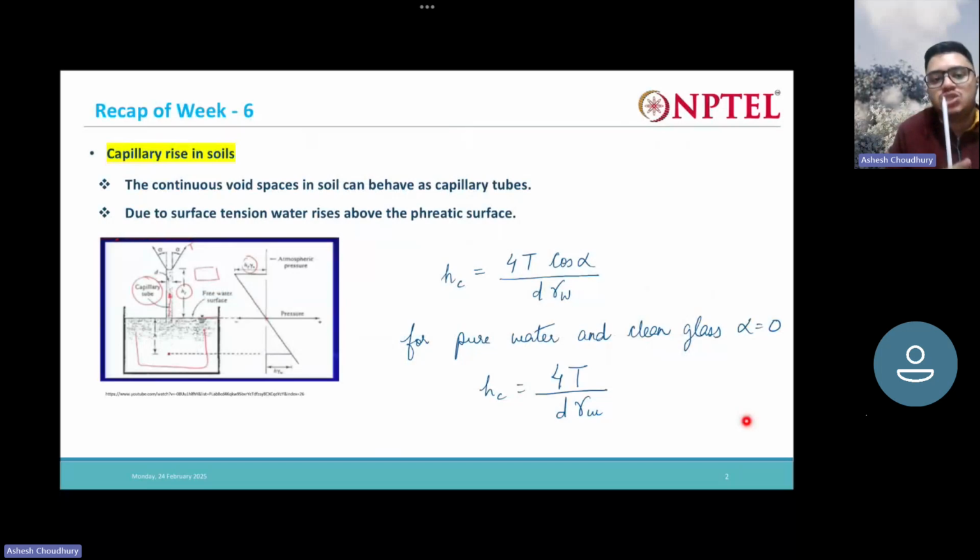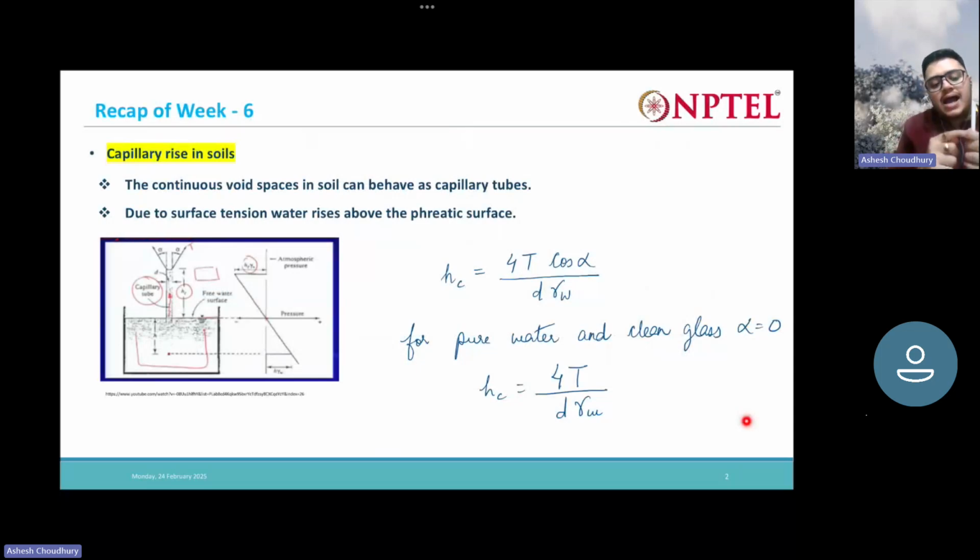Due to the surface tension of water, the water in this tube rises above the phreatic surface. If this is the straw and this is my water surface, as soon as you dip the straw into the water, the water is going to rise up inside the straw to a higher level than the phreatic surface. This property is also seen in soil, where the interconnected pore network behaves as a capillary tube.